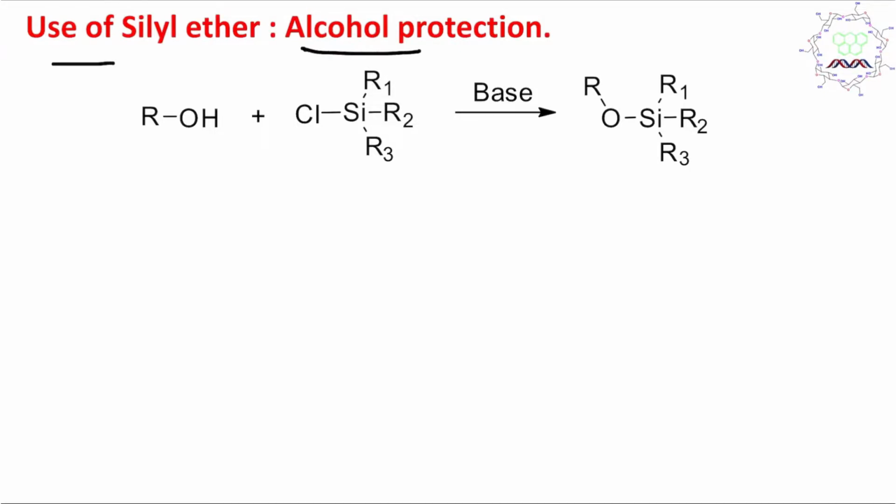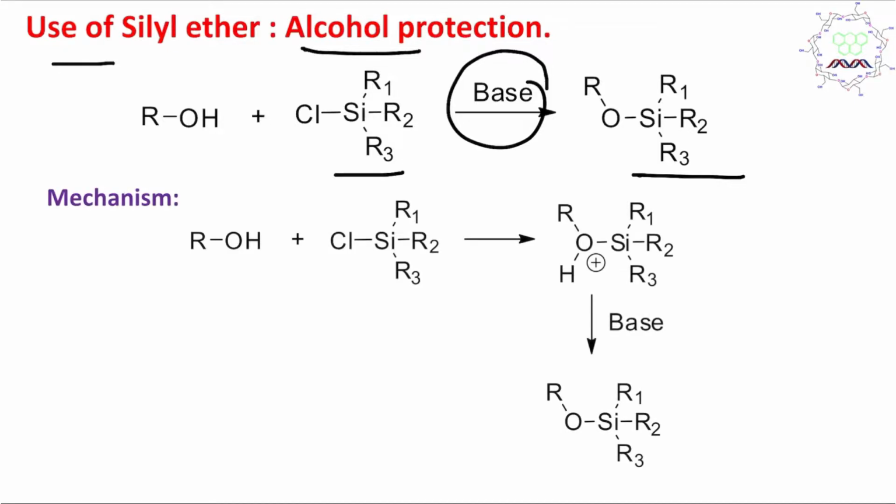How does this reaction happen? This alcohol reacts with this chlorosilane in presence of base and produces the final product. First, the lone pair on this oxygen atom acts as nucleophile, and via SN2 type reaction the chloride leaves, and ultimately this intermediate is produced. If you look carefully, this oxygen is carrying a formal positive charge. Why?